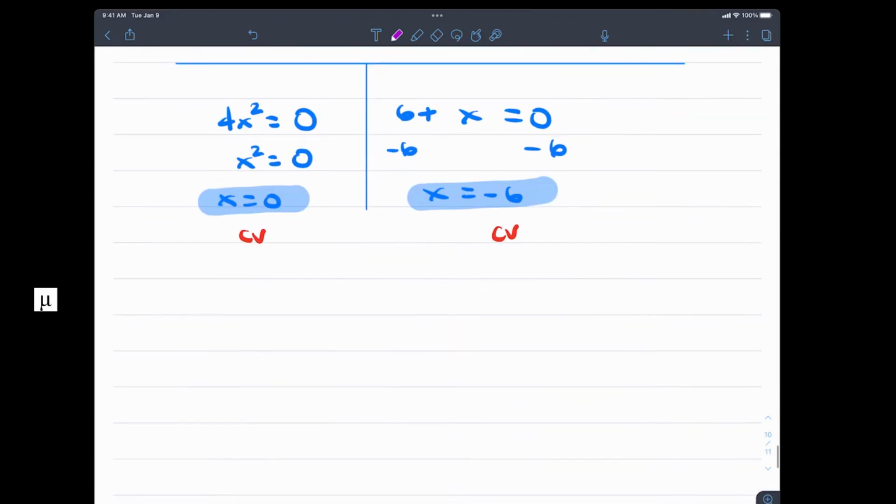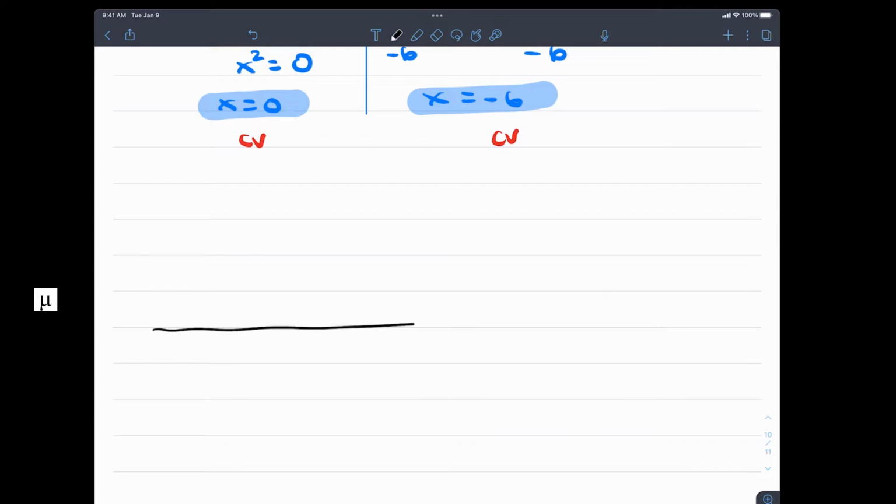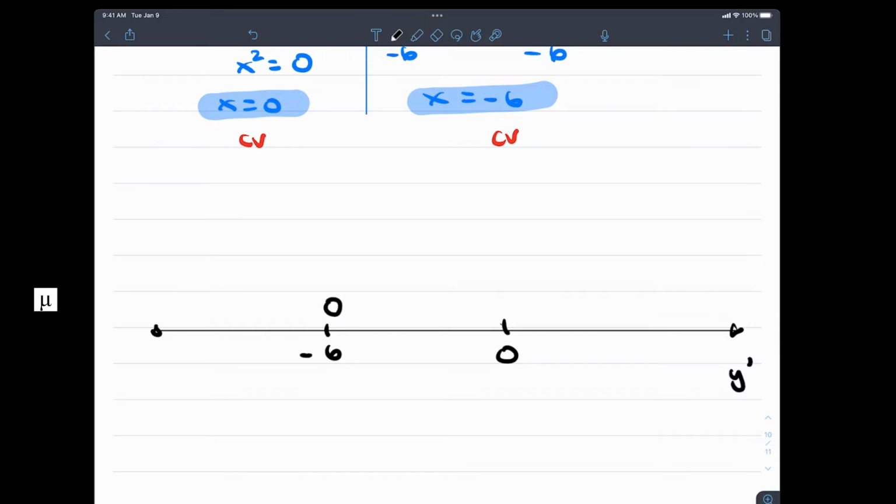Now you say, well, they want us to know about intervals of increasing, decreasing. So we go through sign analysis. Negative 6 is to the left of 0, and this is a sign analysis on that first derivative. So we put the zeros here, right? Remember something here. This is region 1, region 2, and region 3.